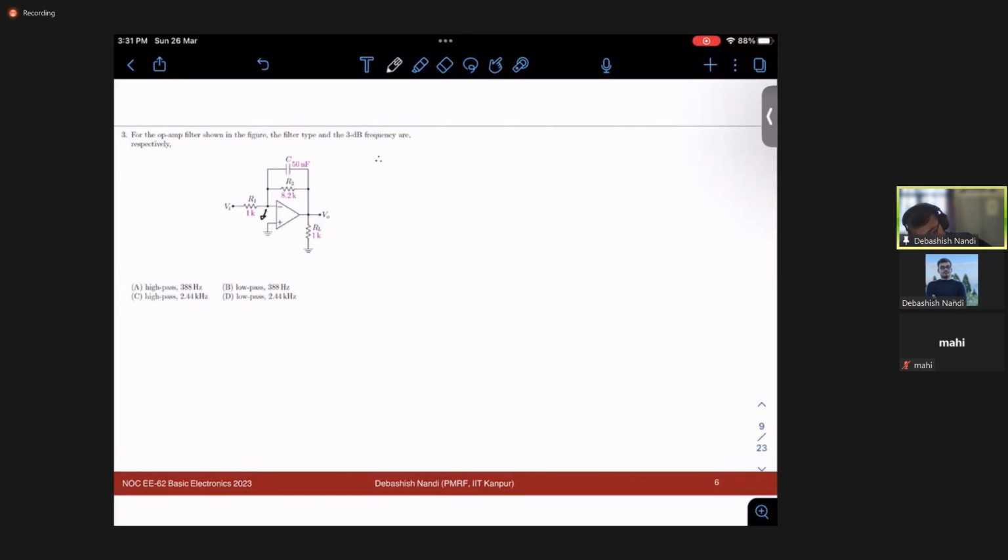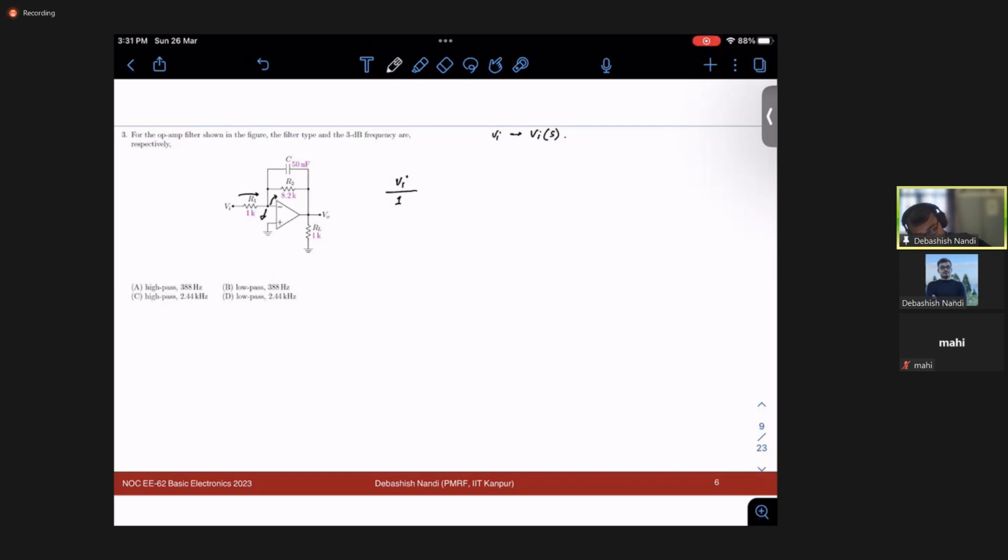This is your ground, and everything I will do now in the Laplace domain. So this is your Vi. By default, when I write Vi here, it means Vi of S. So Vi over R1, say R1 for simplicity, is the current, and this current has to flow through this entire contraption, capacitance and resistance.